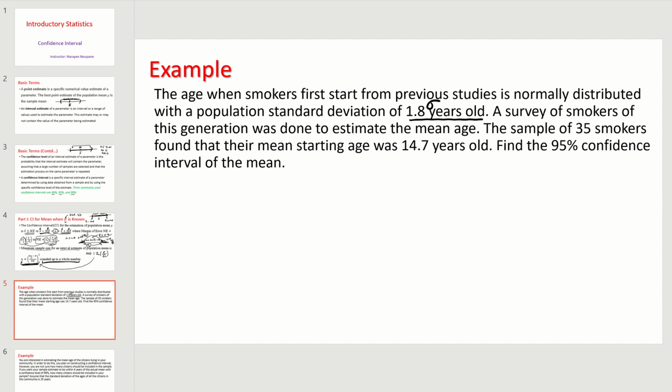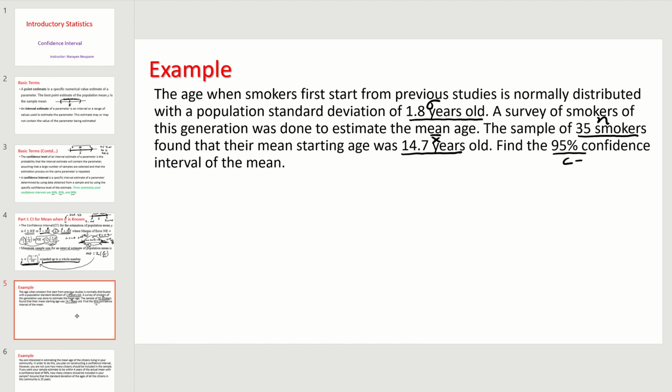A survey of smokers of this generation was done to estimate the mean age. So we want to estimate the mean age of the population. For this, a sample of 35 smokers, n equal to 35, is taken, and their mean was 14.7 years. That is the mean of the sample. And the 95% confidence interval is given.